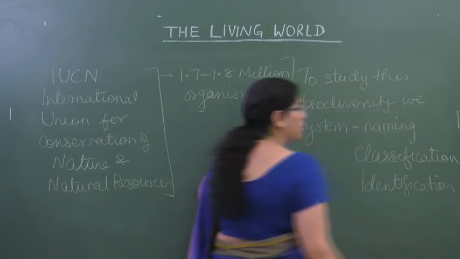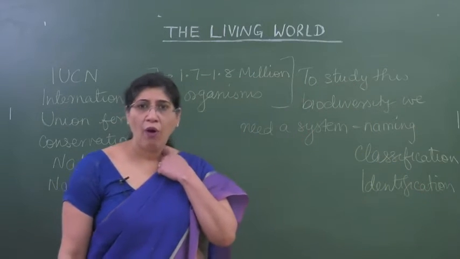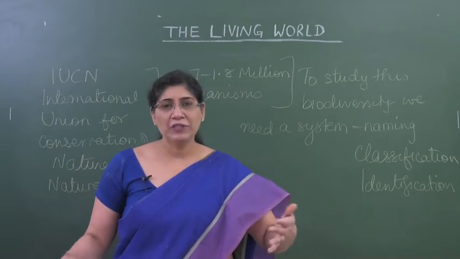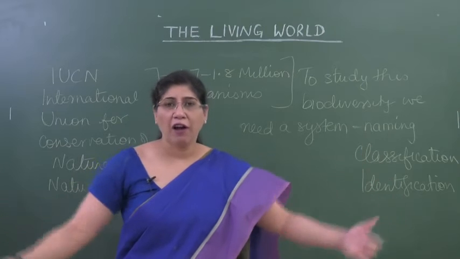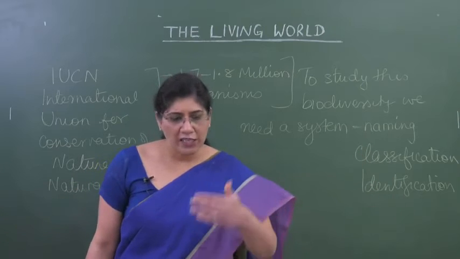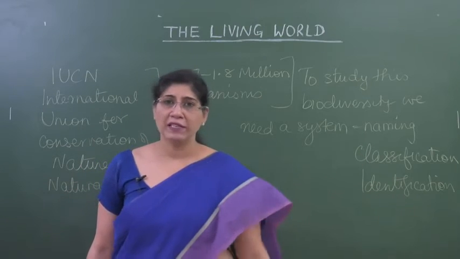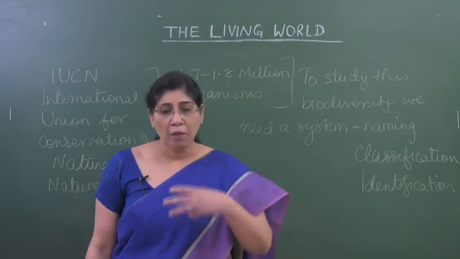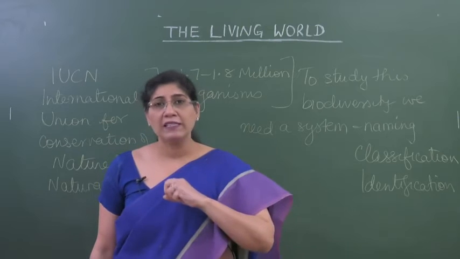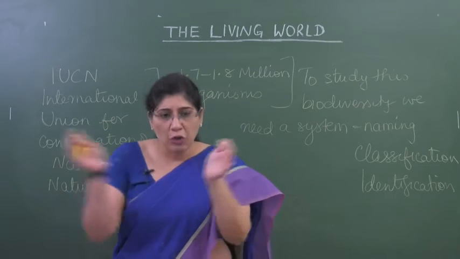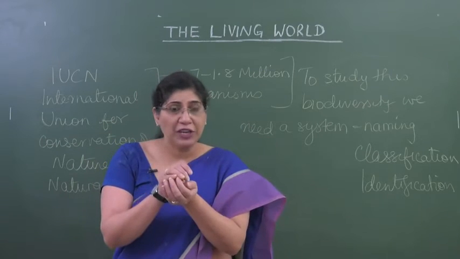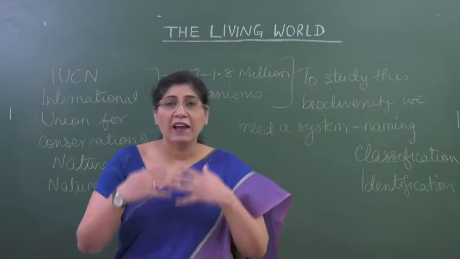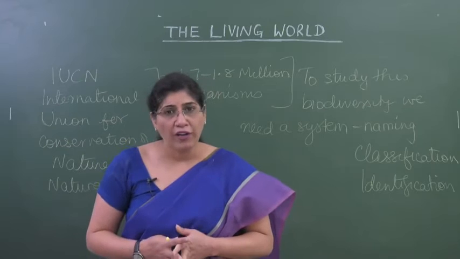So we should be able to group them on the basis of their characters. It is easier to study general characters of a large group than each and every organism independently. So we need therefore a system by which we can name organisms, by which we can group organisms, which is called classification, which will eventually help us in easy identification of organisms.